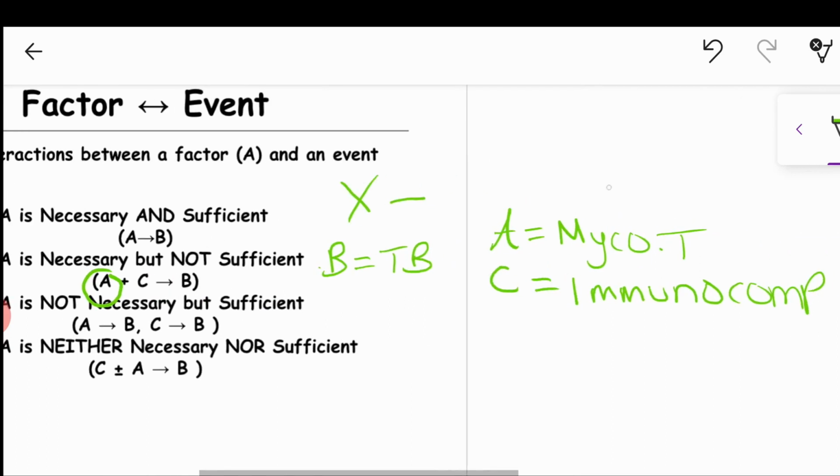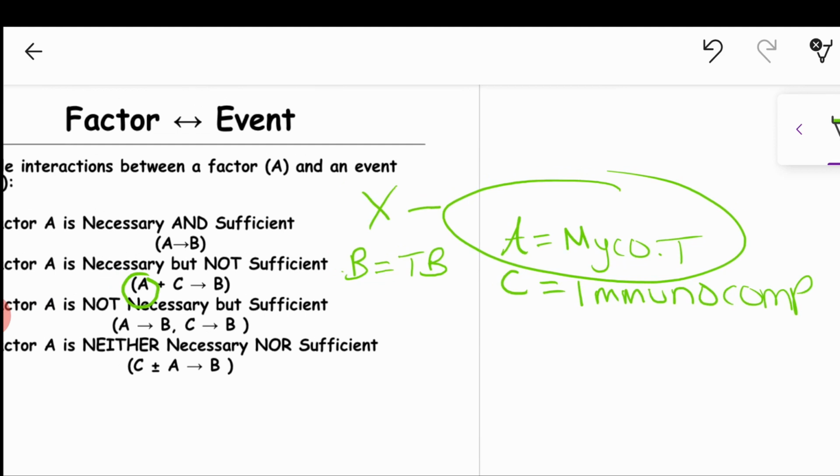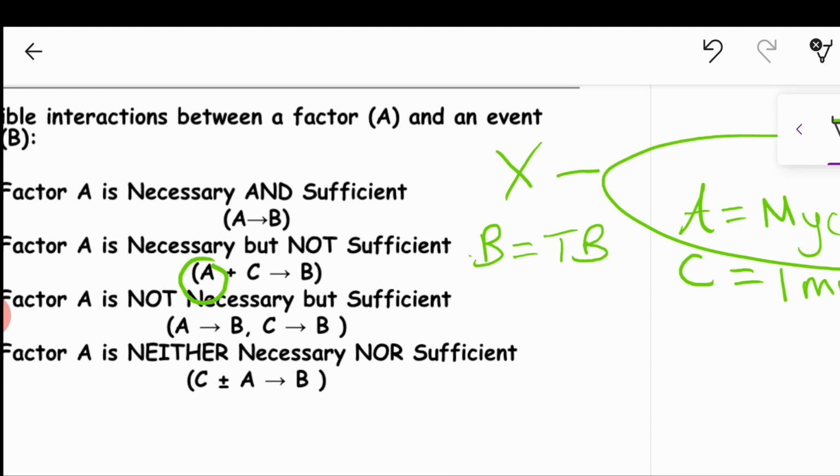However, if we were just to have Mycobacterium tuberculosis, it wouldn't be sufficient to cause TB in a, let's say, more severe sense. All right, let's say the secondary post-primary type. Let's just give an example like that.